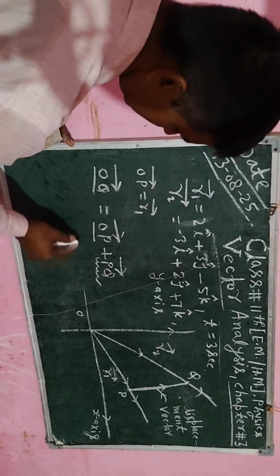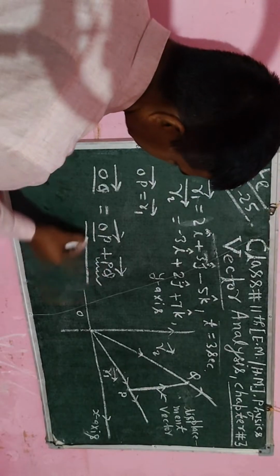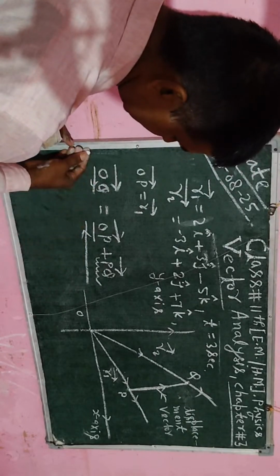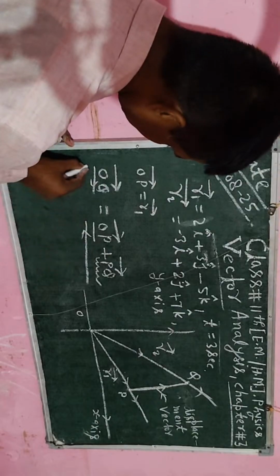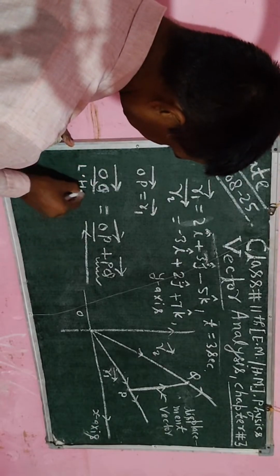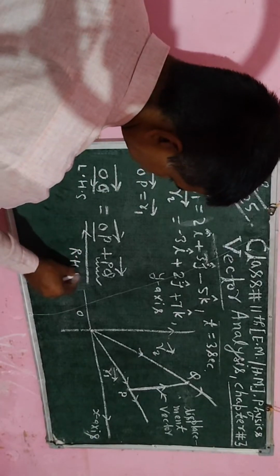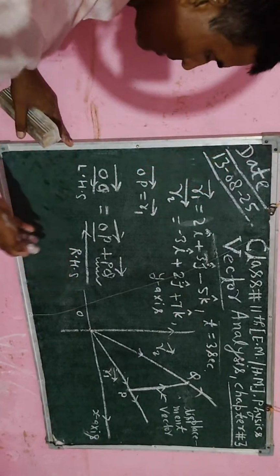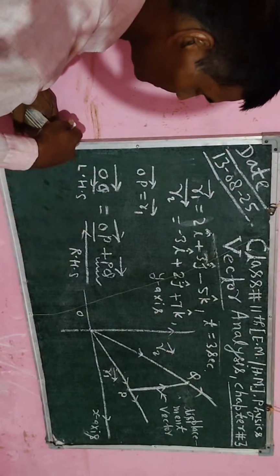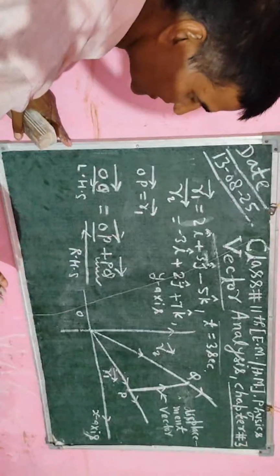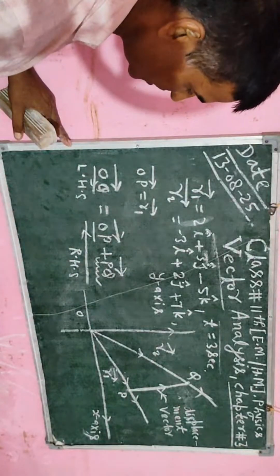Now this is the left hand side data, and this is the right hand side data. If all data from the right hand side I put in the left hand side, and all data from the left hand side I put in the right hand side, there will be no change in my solution.